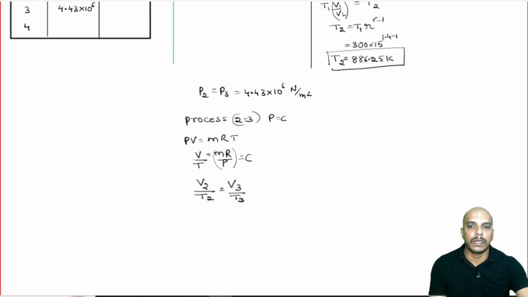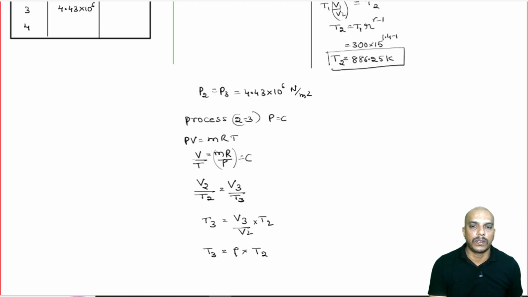In order to calculate T3, the only unknown should be T3 here. Sending T3 to the left side, we have V3 by V2 and T2 here. We had done this in our derivation also. So T3 is equal to T2 times rho, where rho is V3 by V2.